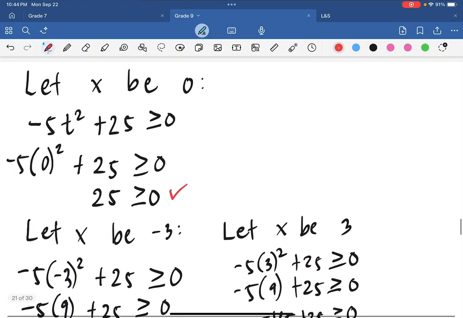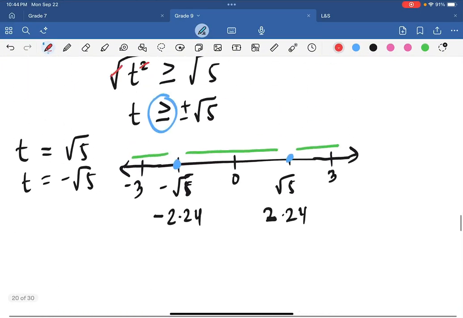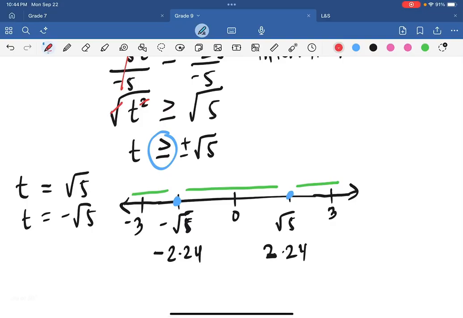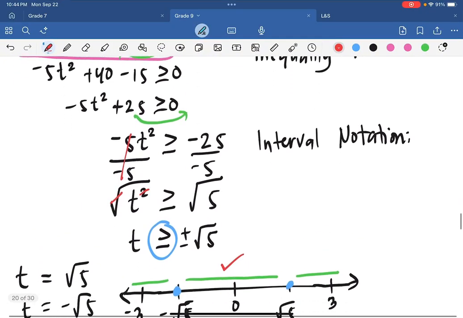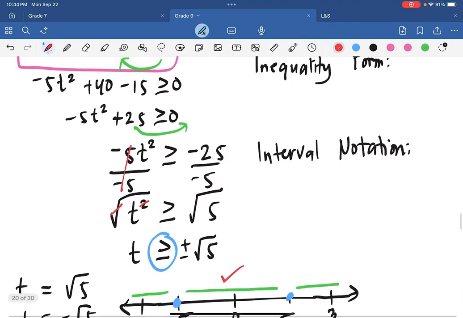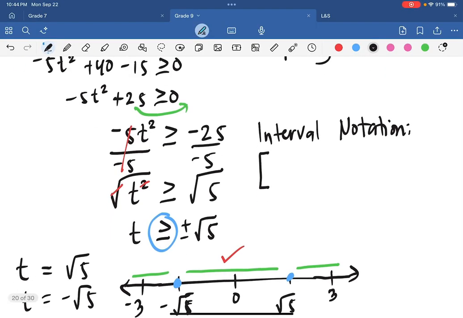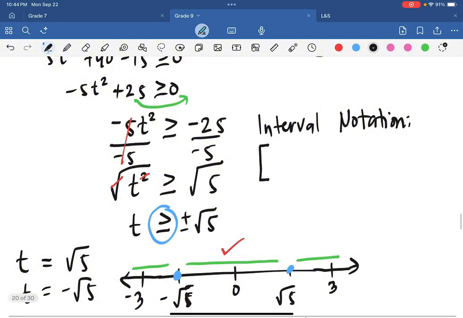So the only thing that applies here are the numbers between negative square root of 5 and square root of 5, including both numbers. So when we write it in interval notation, we could write it like this. So we have it here, the bracket, because again, negative square root of 5 and square root of 5 are included.